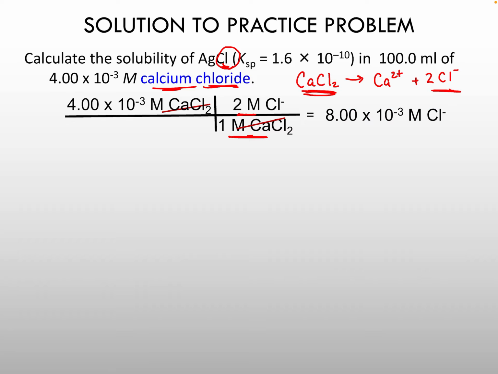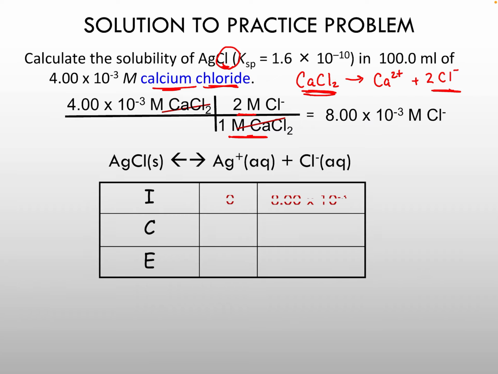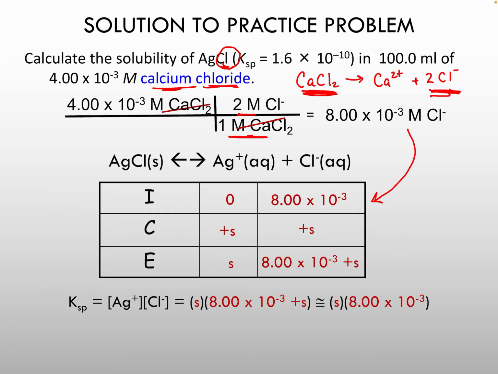So then when you go ahead and do your ice table for our silver chloride, that is going to be the molarity that we're starting with here. Again, that is because our calcium chloride breaks apart into 2 chloride ions. Then we can go through, our plus S, and we can fill that into our Ksp expression.